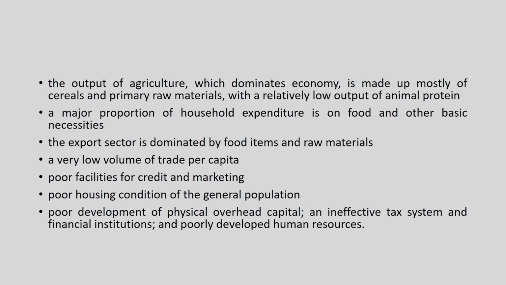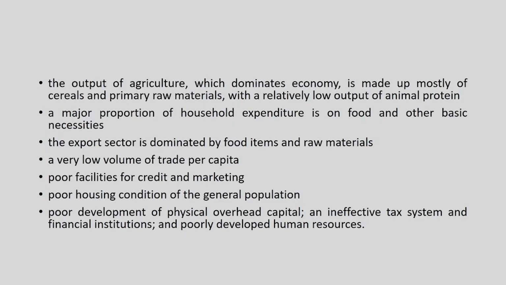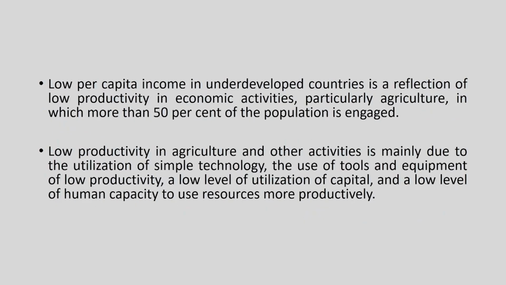The export sector is dominated by food items and raw materials, a very low volume of trade per capita, poor facilities for credit and marketing, poor housing condition of the general population, poor development of physical overhead capital, an ineffective tax system and financial institutions, and poorly developed human resources.